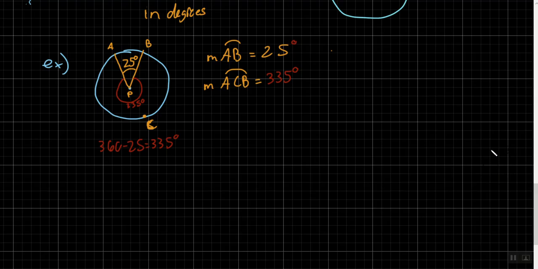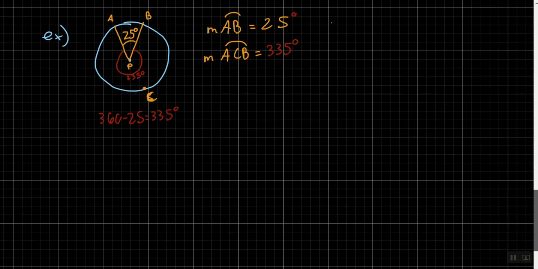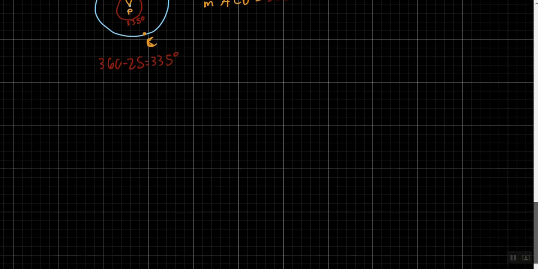If we had a point between A and B on that example, and they were talking about minor arc AGB, I would count it wrong. I would not count it right if you said the measure of the minor arc AGB.